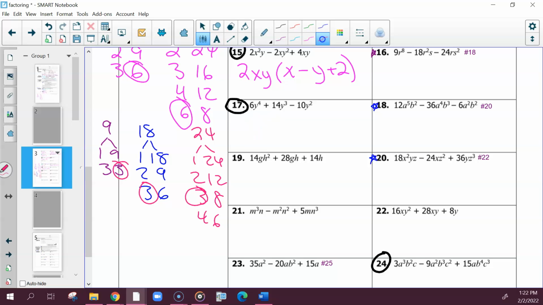Not y, and not an s because this one doesn't have the s. Okay, so if we divide everything by 3r squared, what's left?